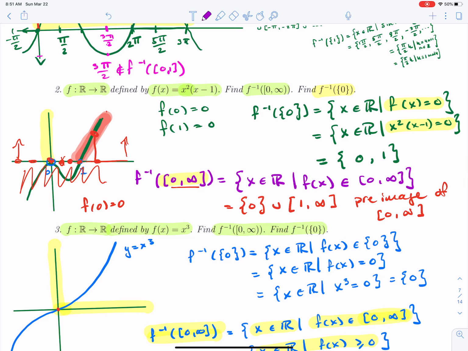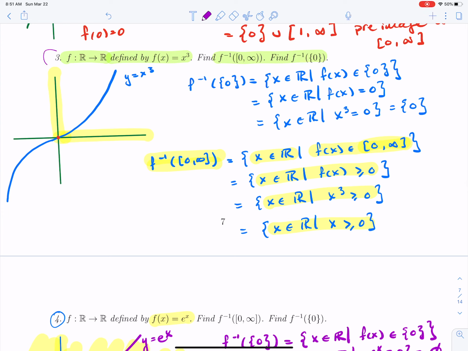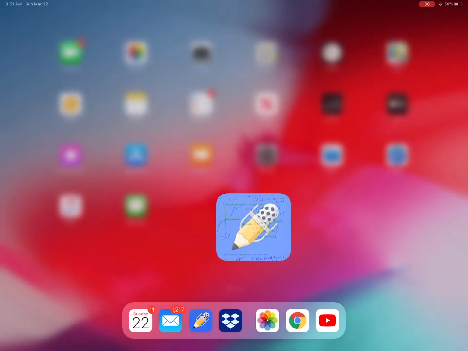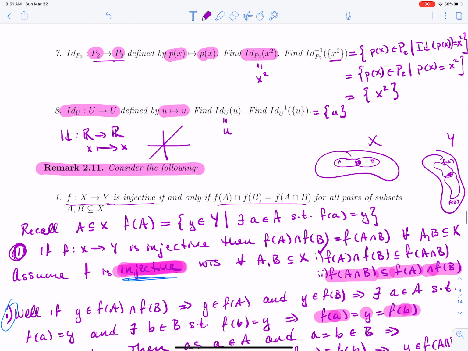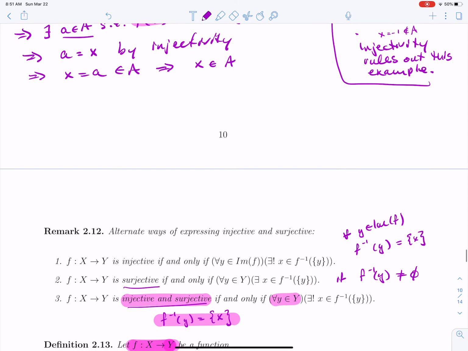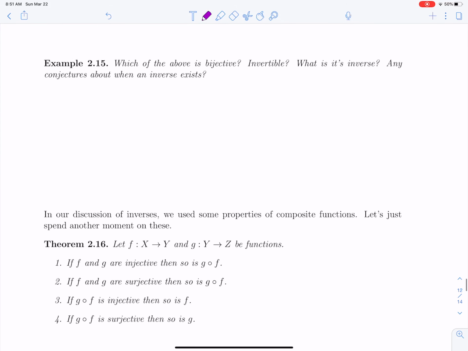This one tells me that 1 and 0 map to the same place, so it's not injective and not bijective. Number 3 is a bijection, and indeed we have an inverse function. H equals f inverse would be h of x equals the cube root of x. Then you should look through the other ones and decide whether they're injective and surjective, and we can discuss that in class tomorrow on Monday. So it's only number 3.